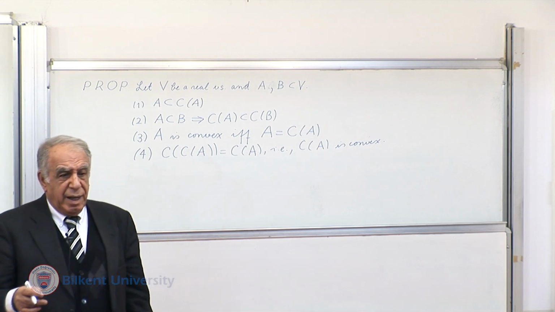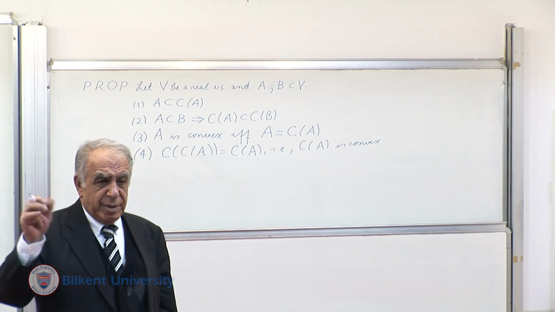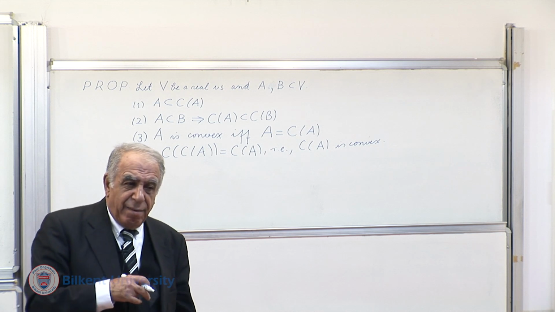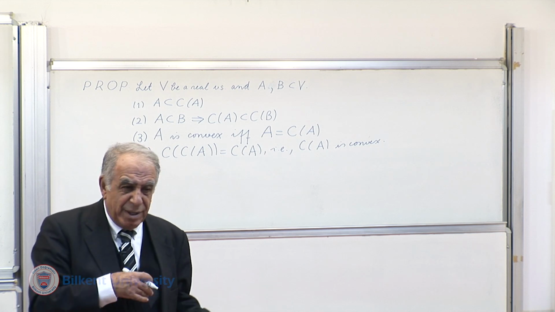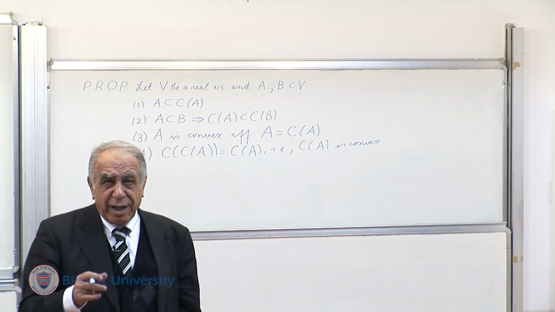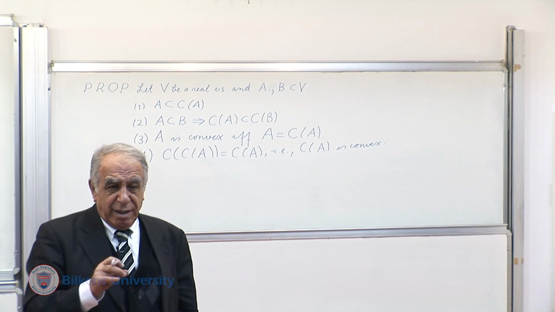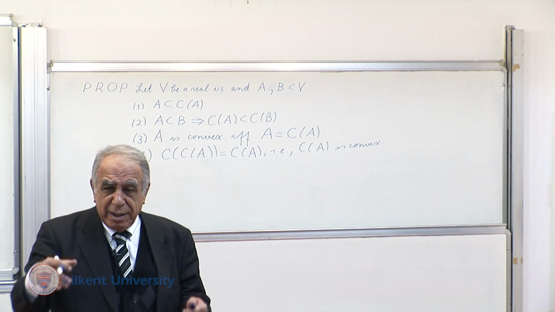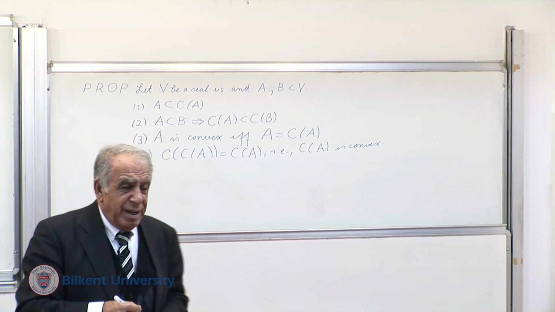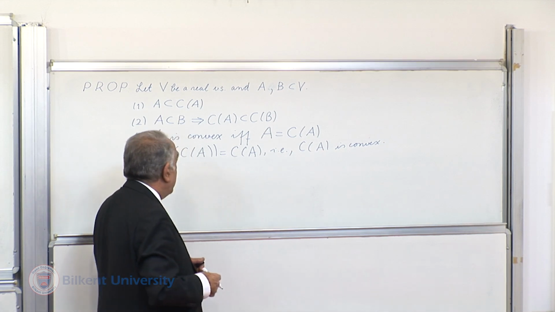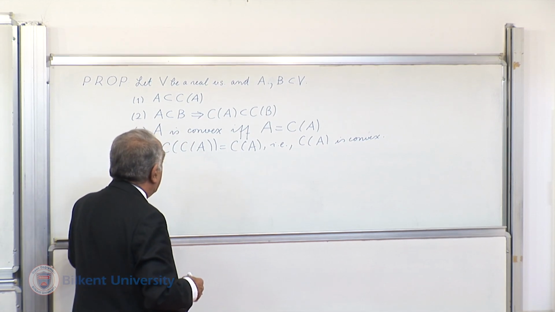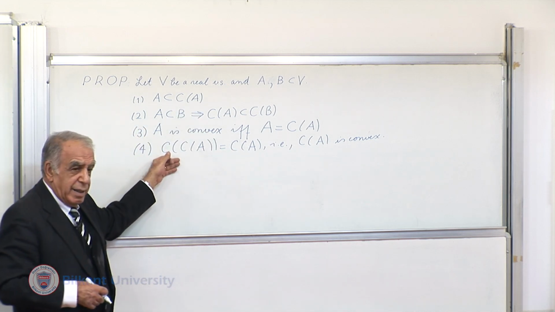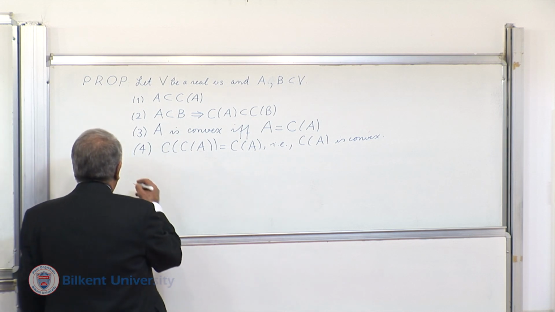Well, because if you take finitely many members from C of A, each of them is a convex combination of finitely many members from cap A. But if you take any convex combination of those finitely many members of C of A, the combination of the two facts yields another convex combination of finitely many members from cap A. Because one direction, according to this, C of A is already contained in C of A, but the converse also holds.